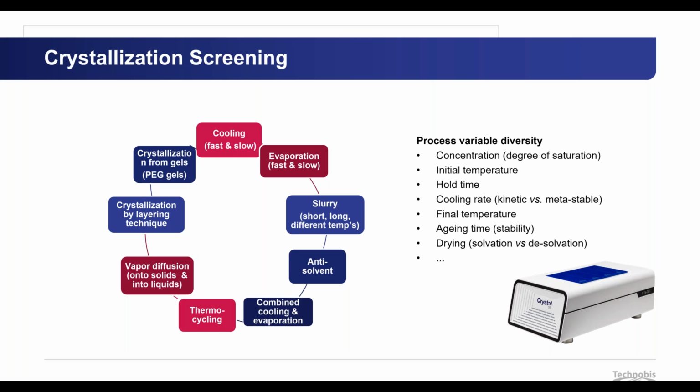What do I do? What is next? It could be a crystallization or a polymorph type of screening. Things that I would normally look into are the degree of saturation, so I would play with different concentrations, temperature, holding or aging time, and cooling rate, fast or slow, which will have an influence.